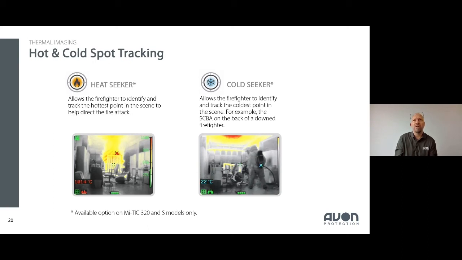So if you were in a rescue situation where you had casualties that were maybe unconscious and you needed to drag them to an area of the scene that potentially was cooler and had more air or more oxygen, you could use a cold seeker for that as well. So there are some quite interesting uses of a hot and cold seeker.